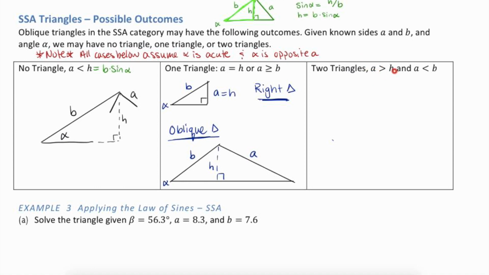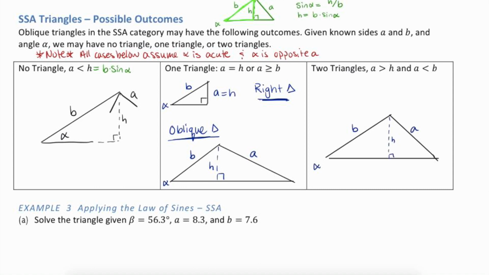I know that A is not equal to H. I know that it's not smaller than H, so I'm going to automatically go straight to this case, and that looks something like this. So this is our first triangle that's formed. Here's alpha, here's A, and here's B. Of course, this is my height.